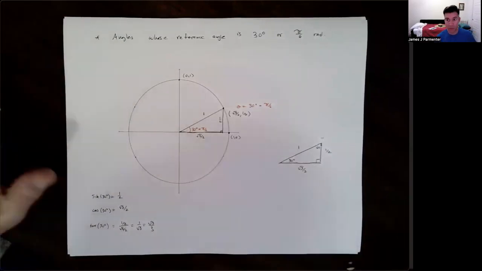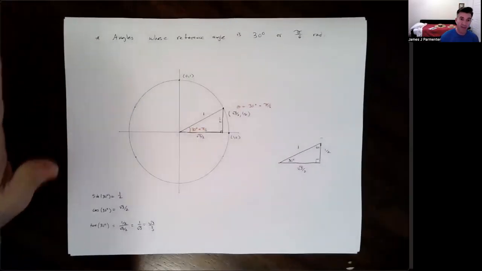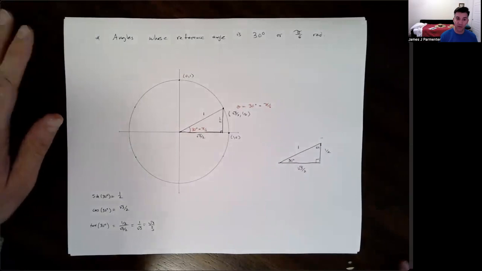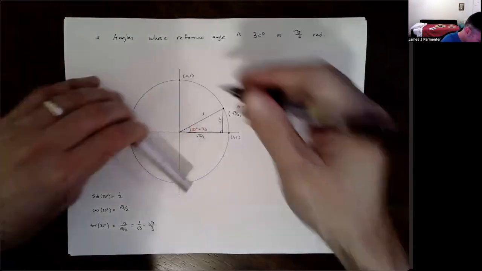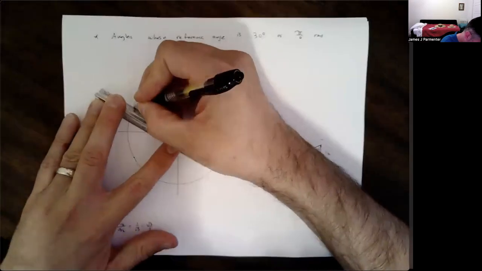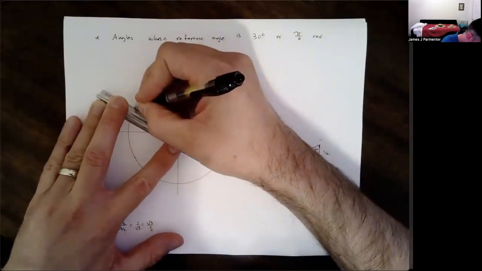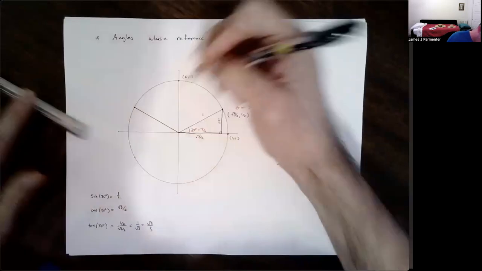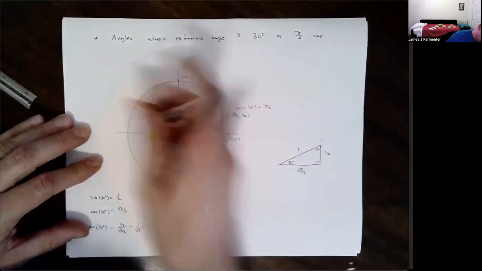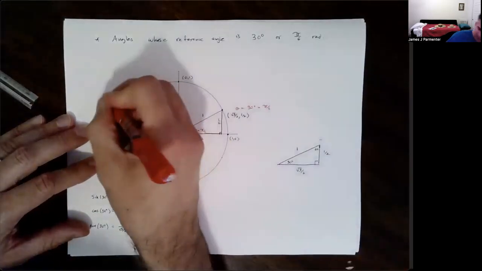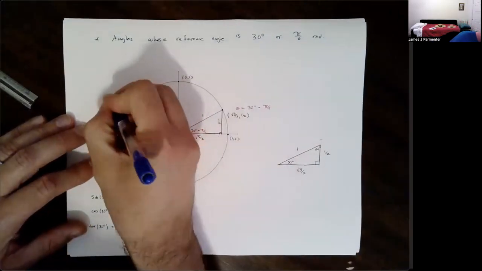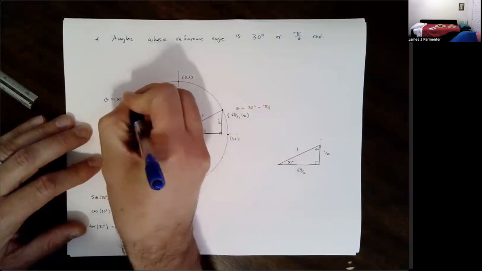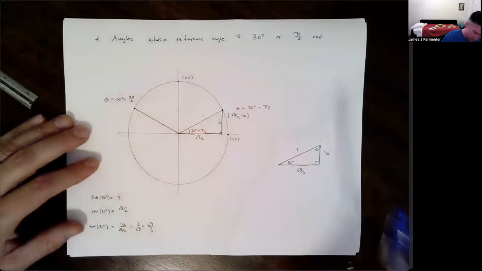Okay, now here's what's super cool about this. Every other angle whose reference angle is 30 degrees, I'm going to draw them right now. We've got 150 degrees over here. And let's draw them in blue, actually. So here, theta is 150 degrees, or 5 pi over 6 radians.